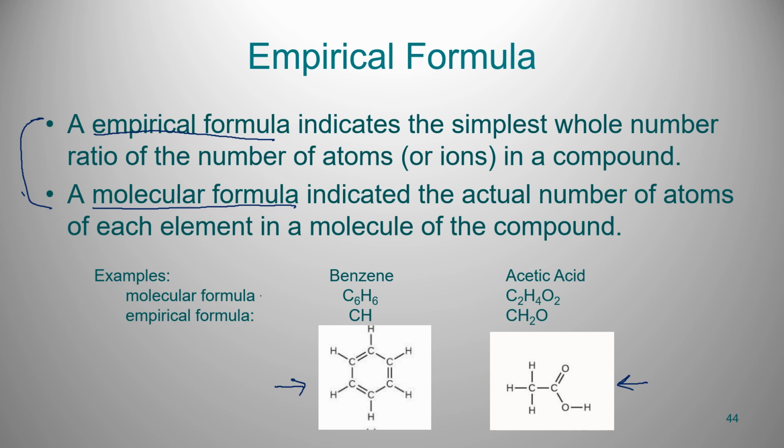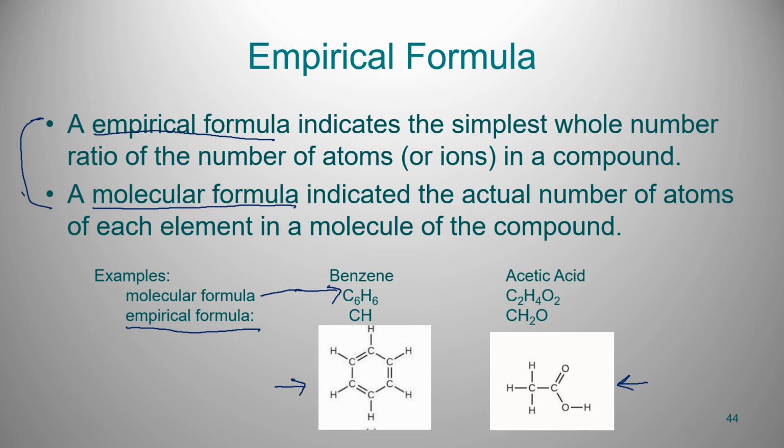The molecular formula for benzene is C6H6, and that's what benzene looks like. It's got 6 carbons bonded with 6 hydrogens, 1 bonded to each carbon. Here's acetic acid, C2H4O2. That's the molecular formula. The empirical formula, like I said, is just the lowest ratio.